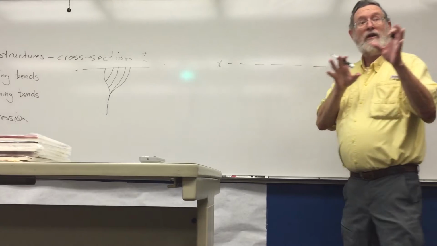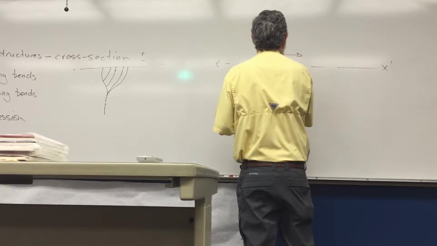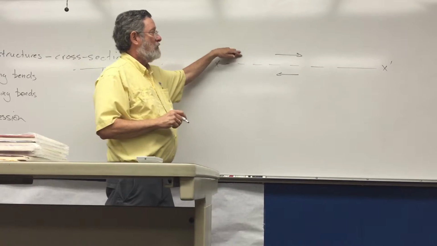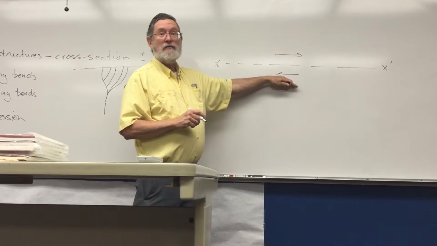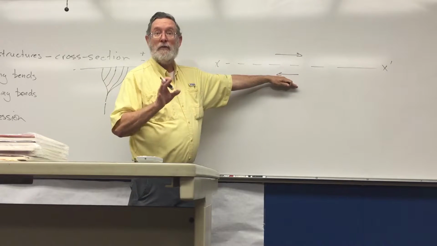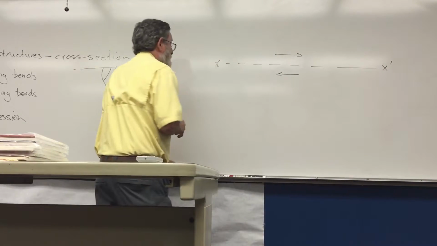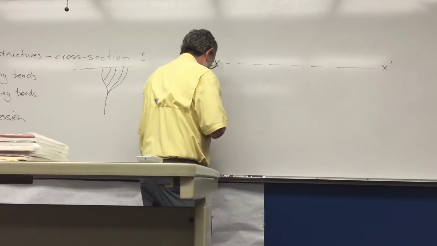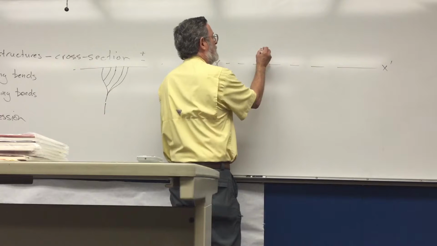What we were talking about before was an X-X prime that was this type of a geometry. This plate is trying to move laterally relative to this plate. Simple strike-slip.